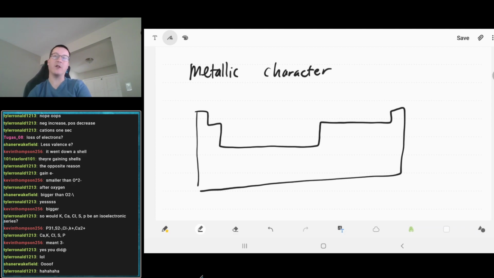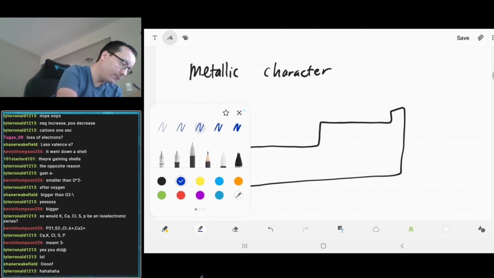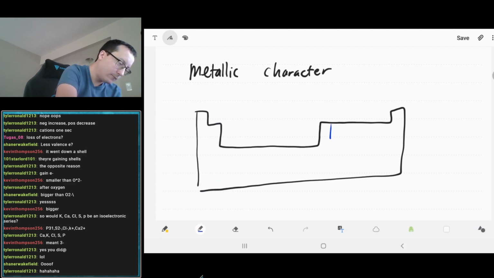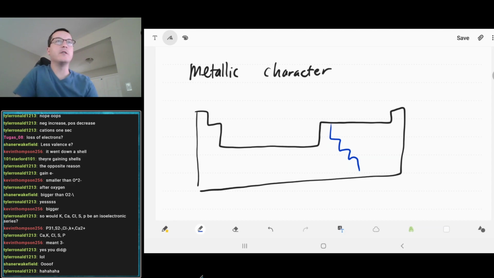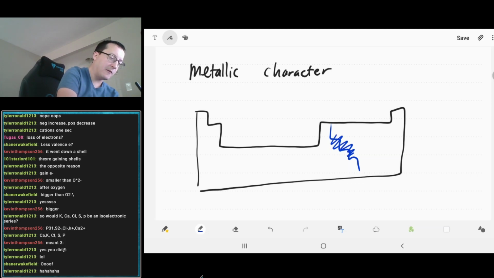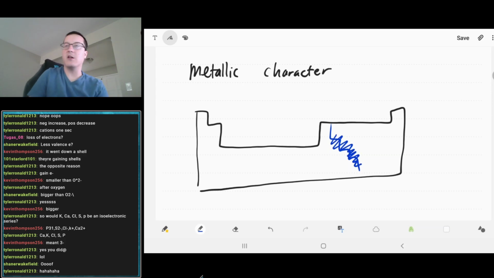And where are our non-metals? Whatever, there's our fancy line. So ignoring this crap here, where are our non-metals? Or metals? Choose. Tell me something.